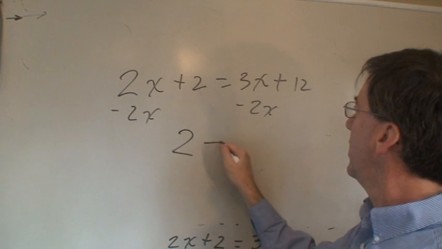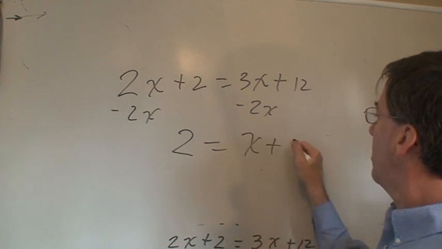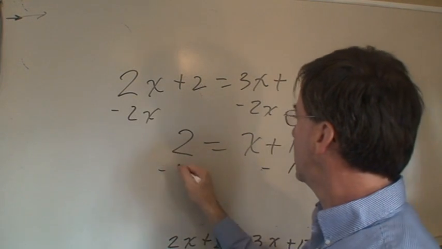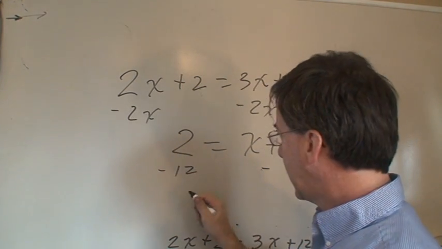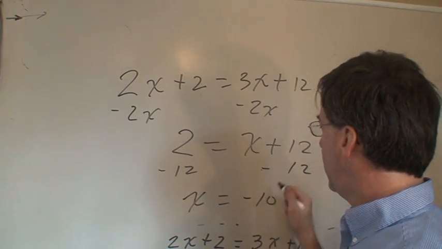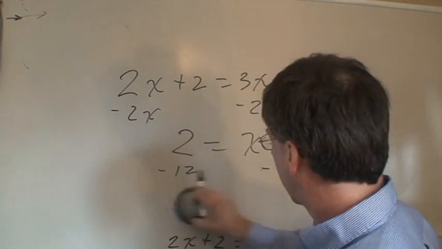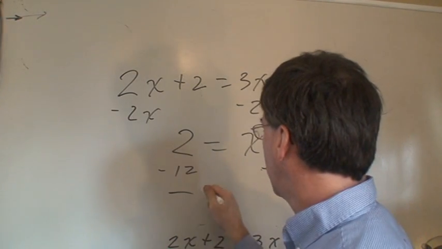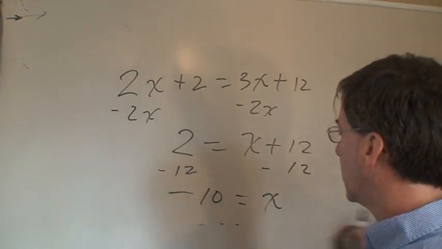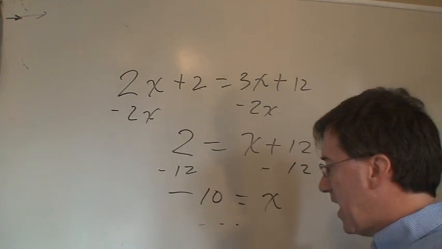And I get 2 equals x plus 12. Now I'm going to subtract 12 from both sides. And I get x equals negative 10. Well, I end up with a negative 10 on the left. I don't want to confuse you. Still the same thing. x equals negative 10 because 2 minus 12 is negative 10.